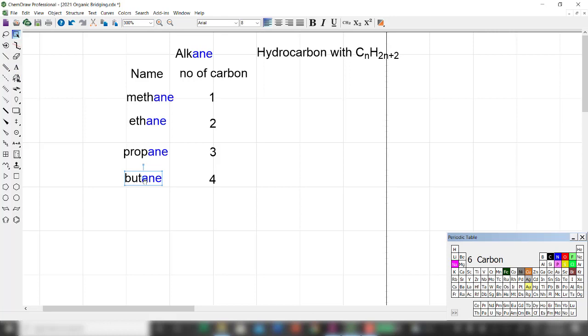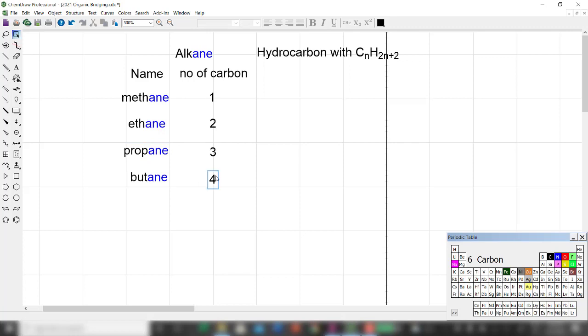Unfortunately you have to remember the way they are named, at least the common ones, so minimally the first 4 members. And those of you who have been through O-levels, I think in O-levels you are required to remember the naming for the first 4 members. So that's meth, eth, prop, and but. So I think just 4 names to remember.